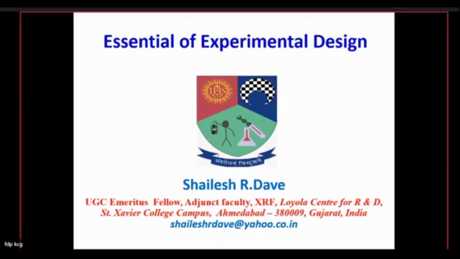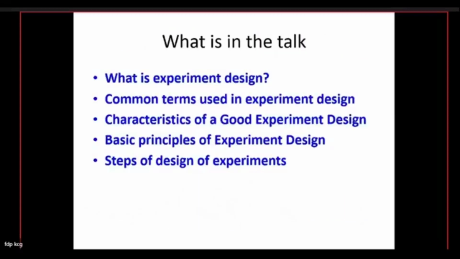Those who are in a botany department have to do crop production. In the zoology department, you have to work at a field level, and in microbiology, either at a field level, industrial level, or at a laboratory level. So depending upon at what level you are working, you have to deal with the experiment, and that is why we want to discuss the experimental design.